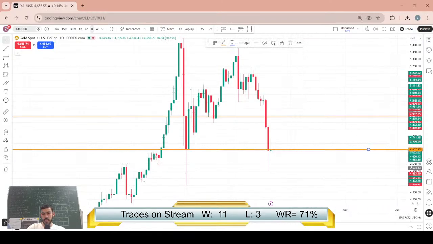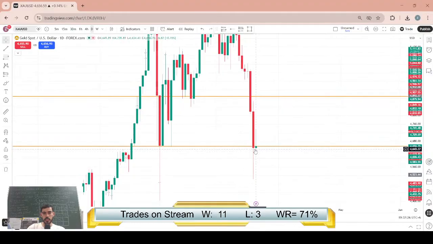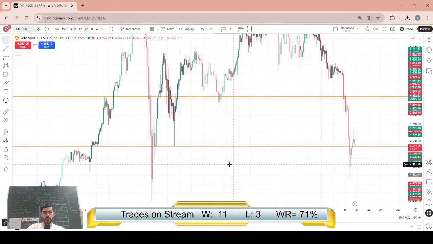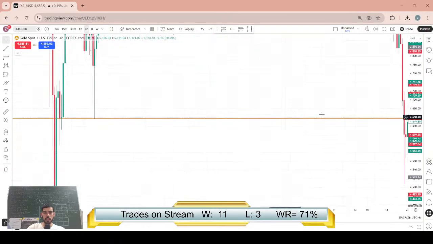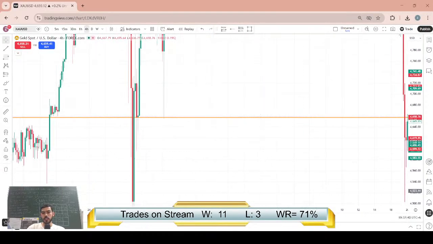We had support right here on the daily time frame, but looks like price closed below, and it's moving to the downside right now as we speak. Clear rejection to the left hand side. Very clear support area. So yeah, looking good to go.